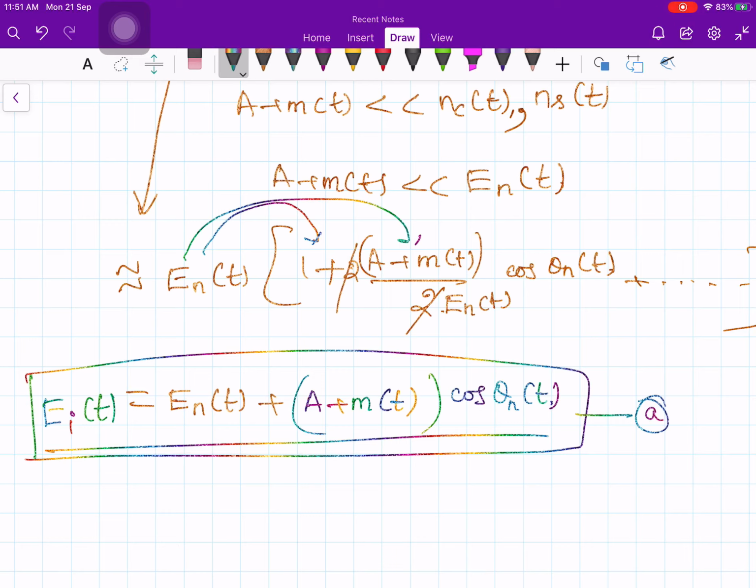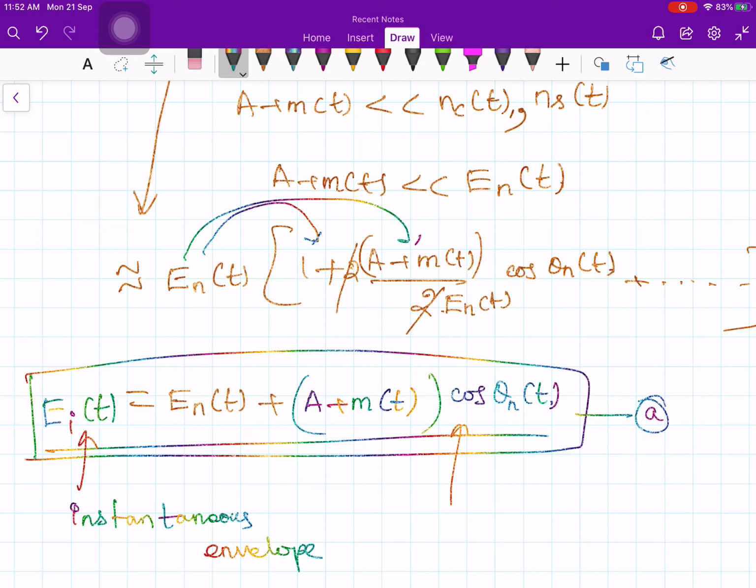So this is the instantaneous envelope. What is A of t? The instantaneous envelope, which means your envelope detector will produce this kind of output: En of t plus (a plus m of t) times cos theta n of t. So what do you like to see at the output? You like to see something proportional to m of t. But unfortunately in this expression you don't find any term which is a constant times m of t.